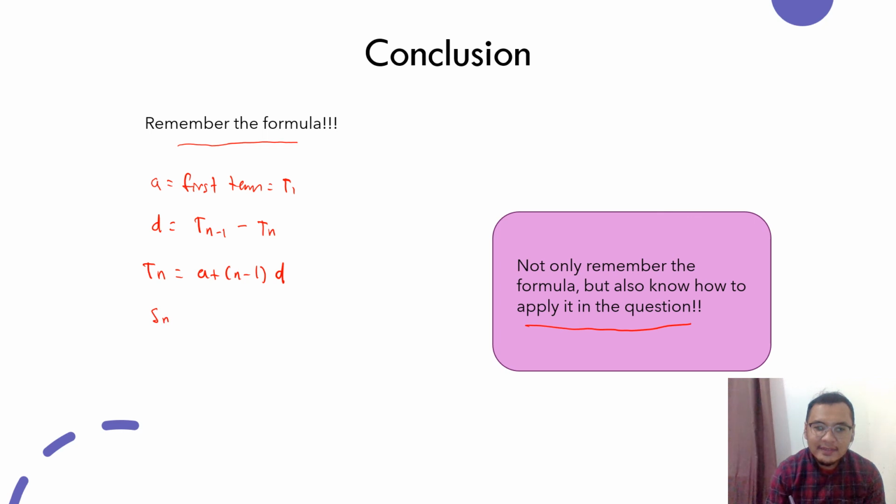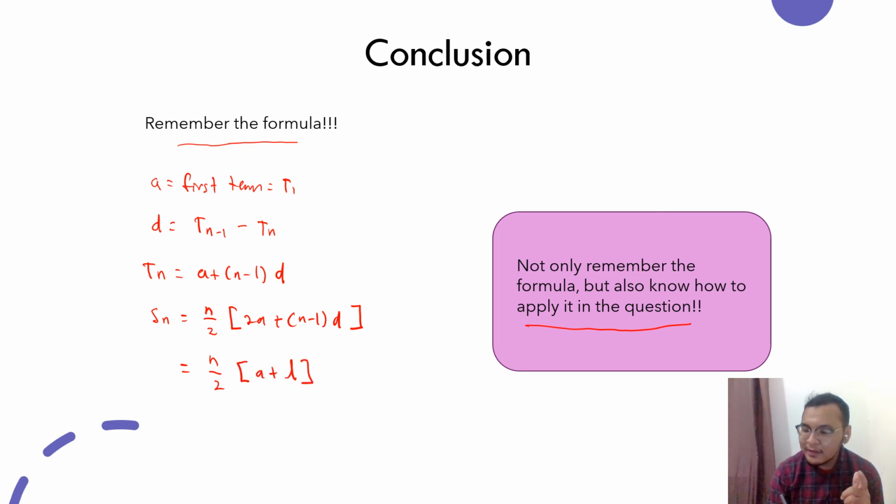How about Sn, the sum? We have two formulas. The first one is n over 2 bracket 2A plus n minus 1 D. That's correct. The second one is n over 2 bracket A plus L, where L is the last term.